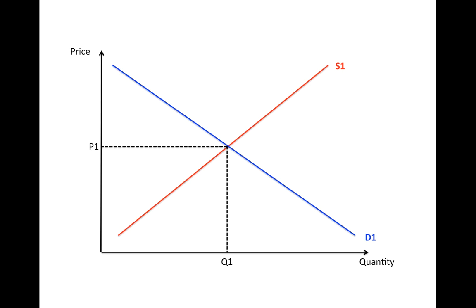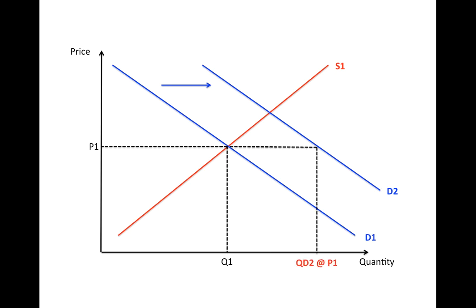Let's start it again. Same thing, same market, oranges. New research saying that oranges are very healthy. Demand curve shifts out. Now, what we say is the following. If we keep the price P1 with the new demand curve D2, this will mean that there's a new quantity demanded here, QD2, that is much higher than the quantity supplied for the same price.